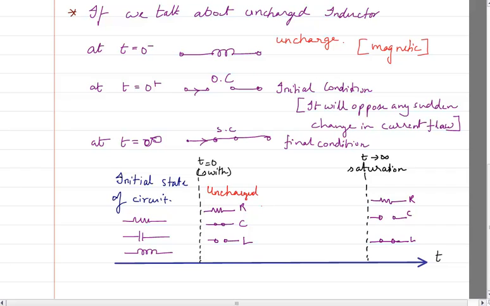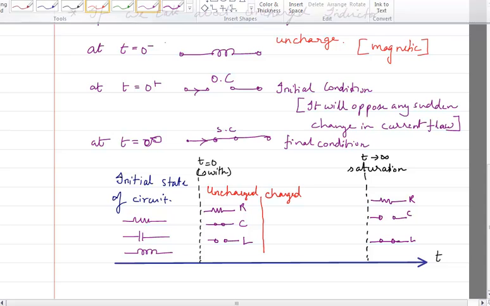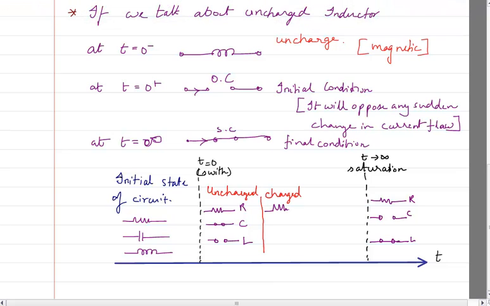If it was charged, then the resistance has no change, we know. If it was charged initially, then at that time the capacitor will be functioning as an open circuit, and here, if it is charged, it will work as a short circuit.